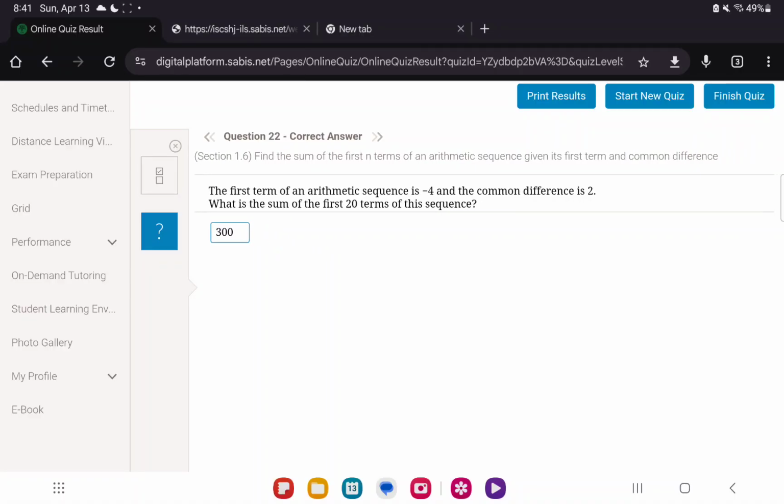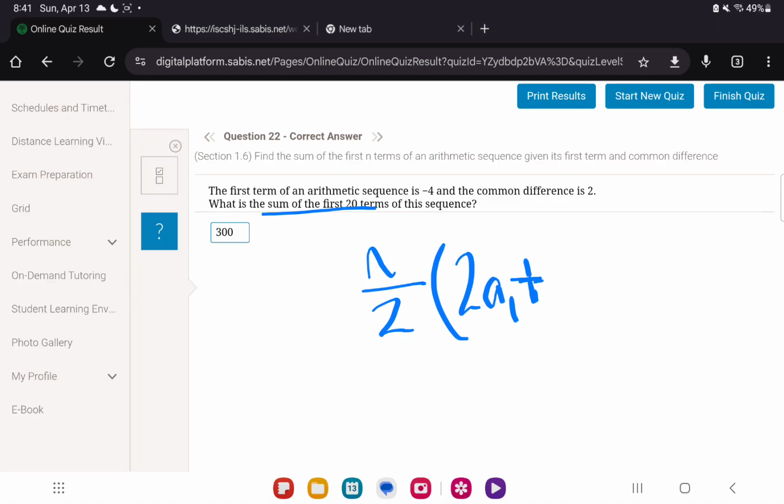Okay, this is the arithmetic sequence, which is very easy. And they want the sum, okay? So it's n over 2 times 2a1 plus n minus 1 times d. So 20 over 2.